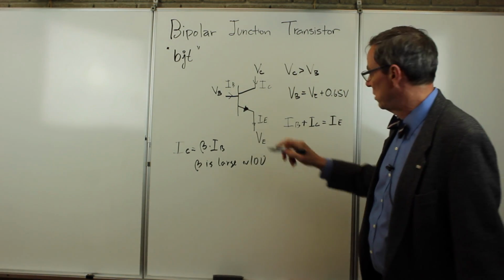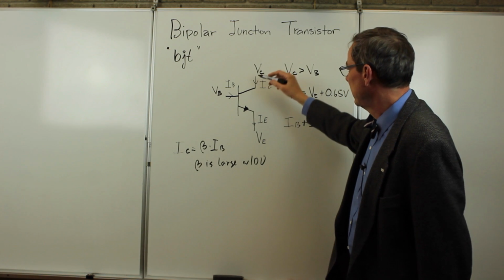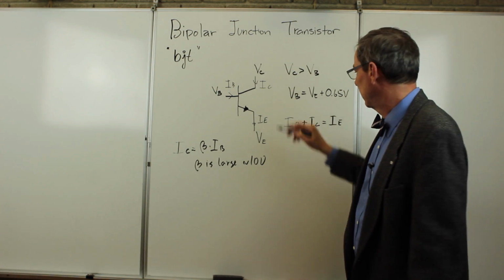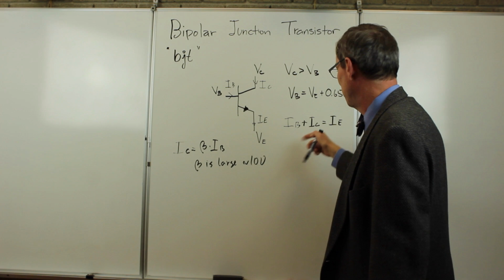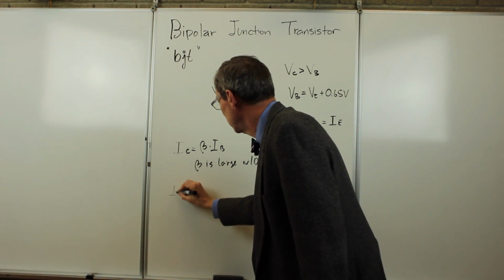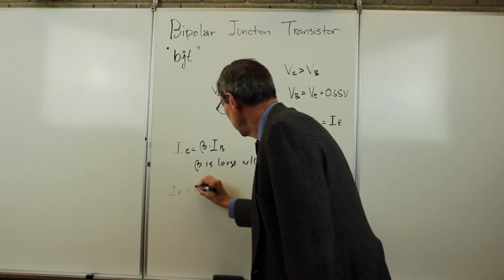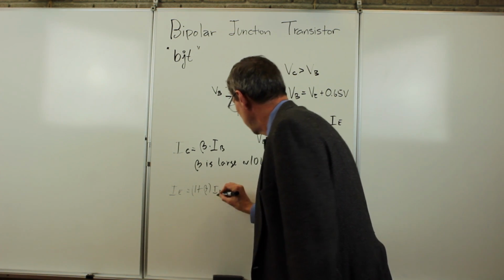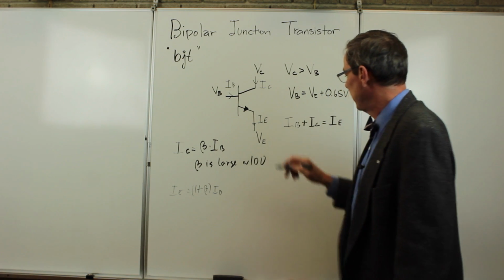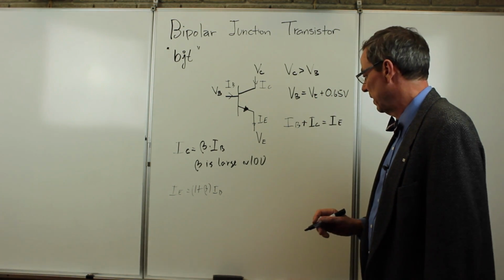So if we bias it this way, put a tiny current into the base, a big current flows into the collector. And then given by this relation here, IE is then going to be 1 plus beta times the base current. Little current in, big current out if we set the biasing up.